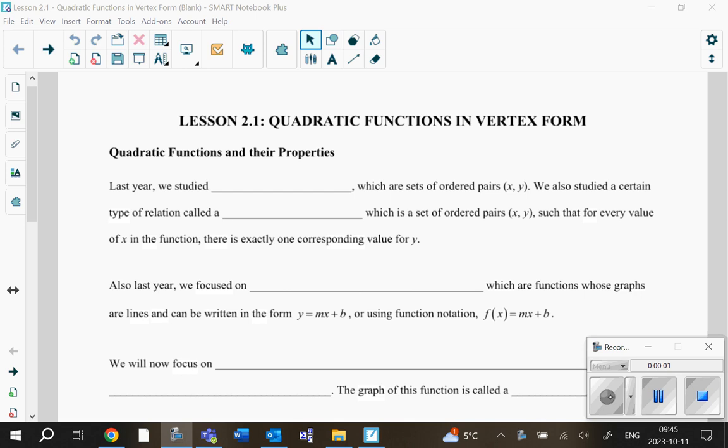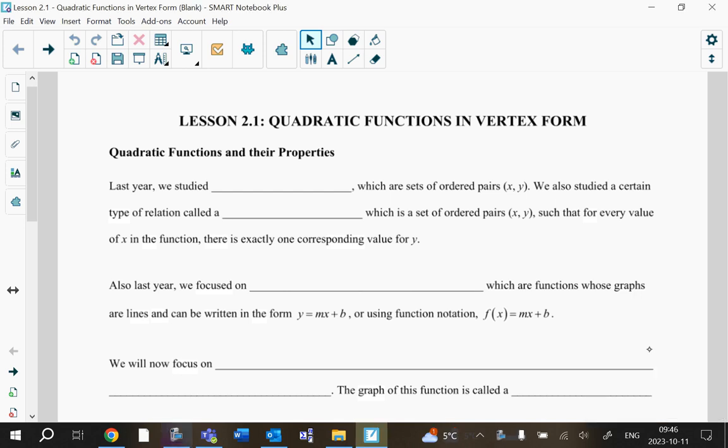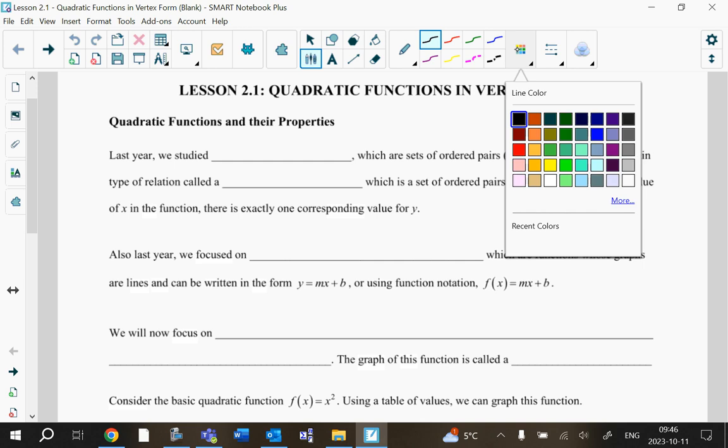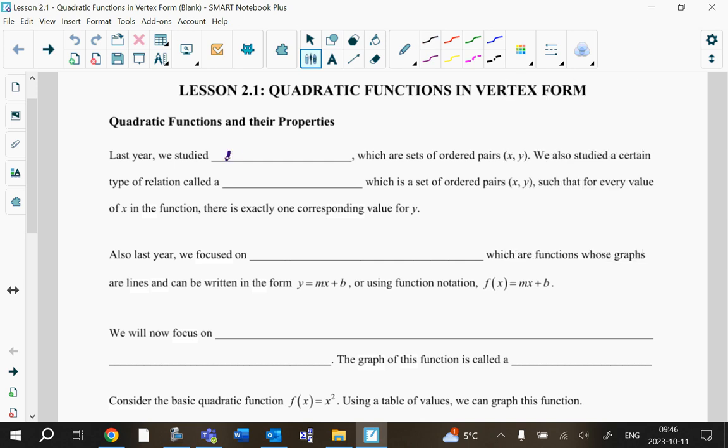Last year, we studied something called relations. And a relation is just simply some relationship between two variables.